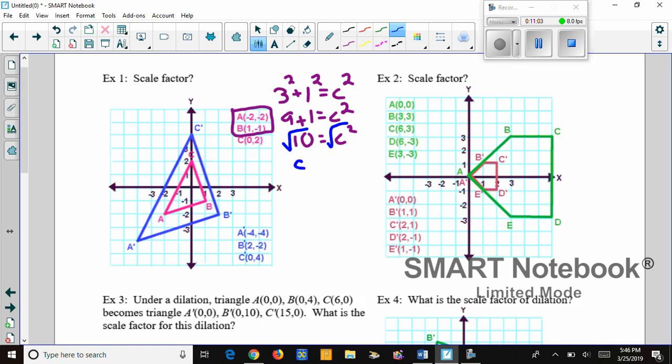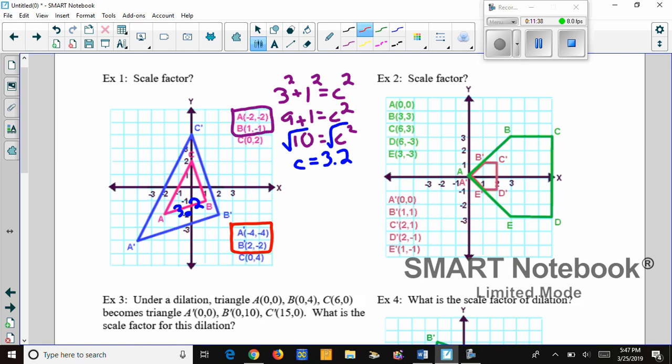I find that c equals, and I'm going to check my calculator to make sure I get this right, 3.2, because I'm going to round it off. So this is 3.2.